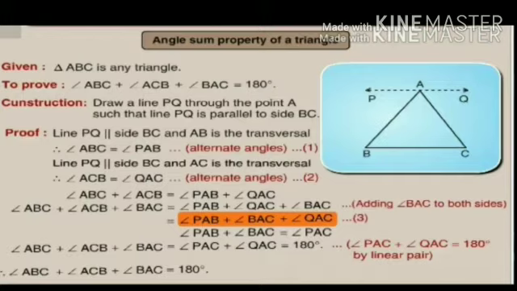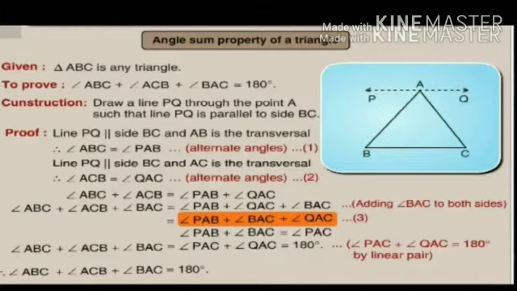Line PQ is parallel to side BC and AB is the transversal. Therefore, angle ABC is equal to angle PAB by alternate angles. Let us take this as equation 1. Now again, line PQ is parallel to side BC and this time AC is the transversal.